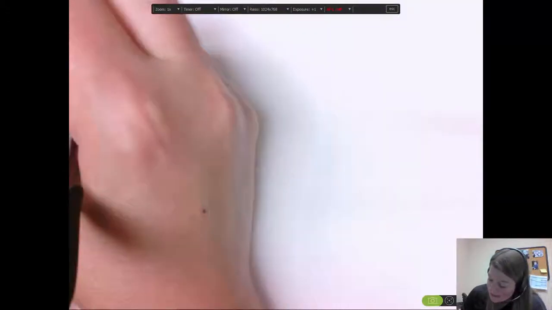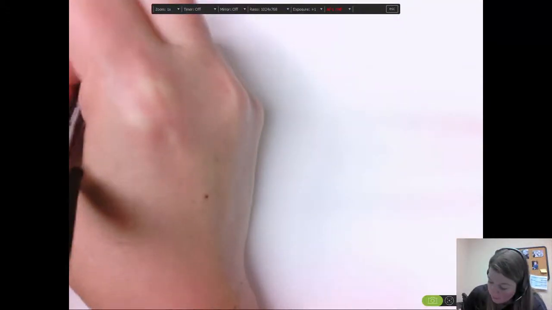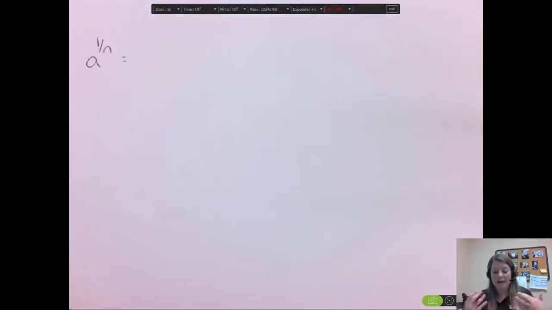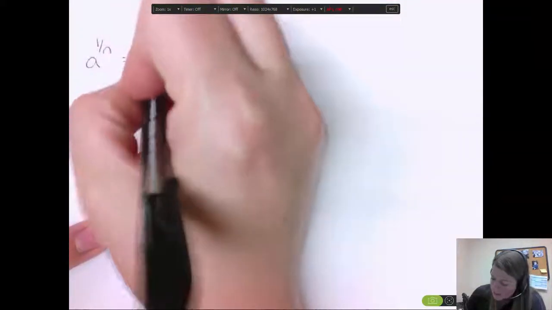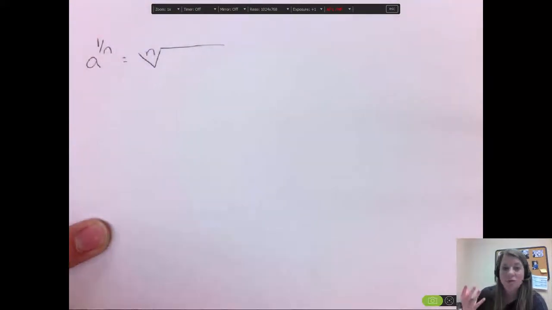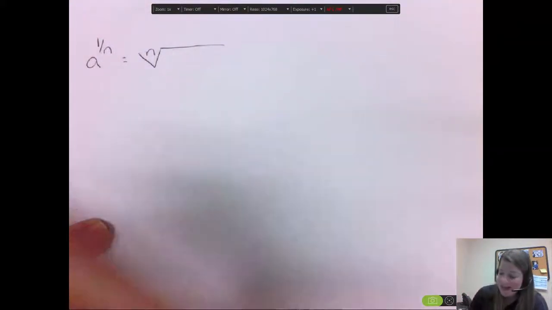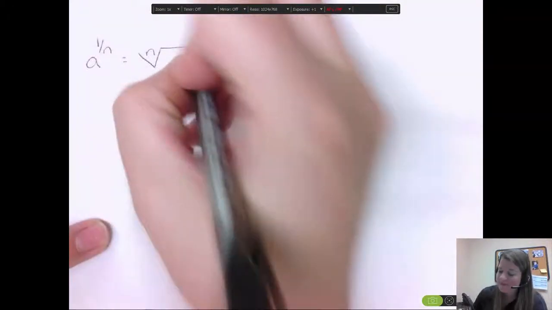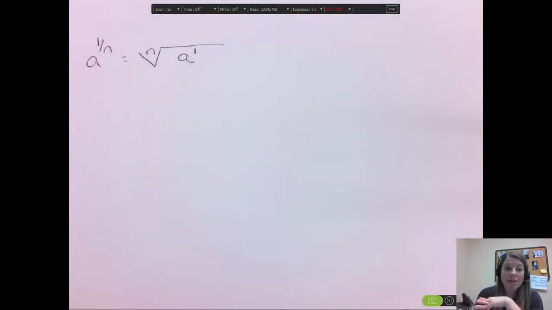So if I have something like a to the 1 over n, that is a fraction on the exponent. So that's the idea of a radical, or I guess maybe it is called a rational exponent. Anyway, a fractional exponent is what I usually call this section, but then what we do is we take the denominator, and that's going to become your root on your square root, and a, or whatever's underneath, will go to the power of the numerator.